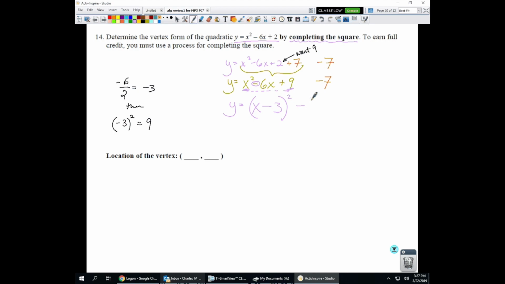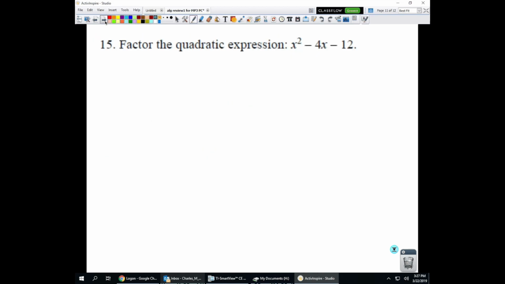And then don't forget, there's a minus 7 out here. Now this is in vertex form, so I can just look for my h and my k. H here is 3, and k is negative 7. So that puts my vertex at 3, negative 7.